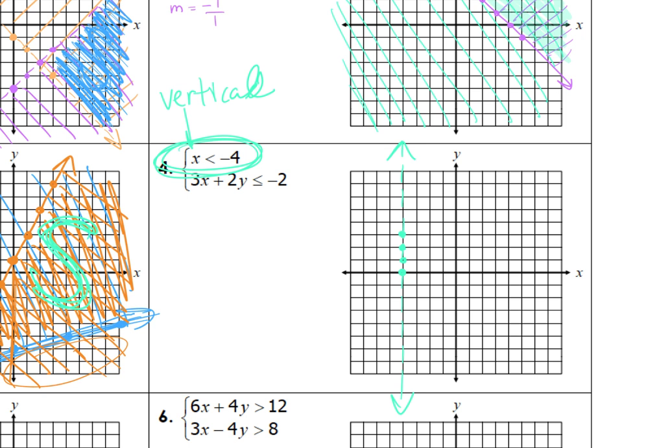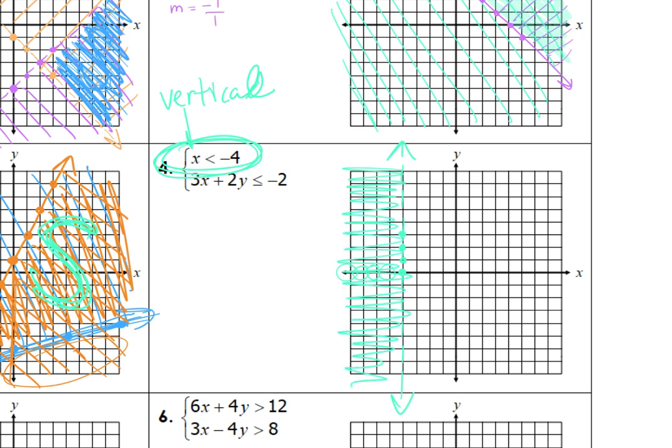Is that going to be to the left or to the right? If it's less than -4, to the left. Okay? I always say less than goes left if you're going on a left and right setup, right? Because this is -5, -6, -7, -8. Those are all numbers that are less than -4. So you're going to shade here.